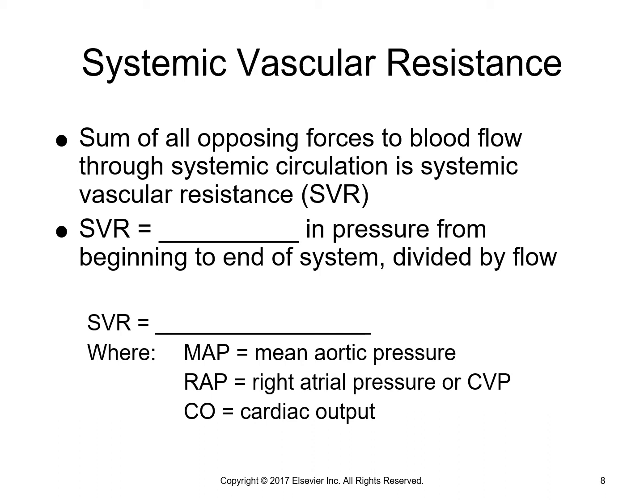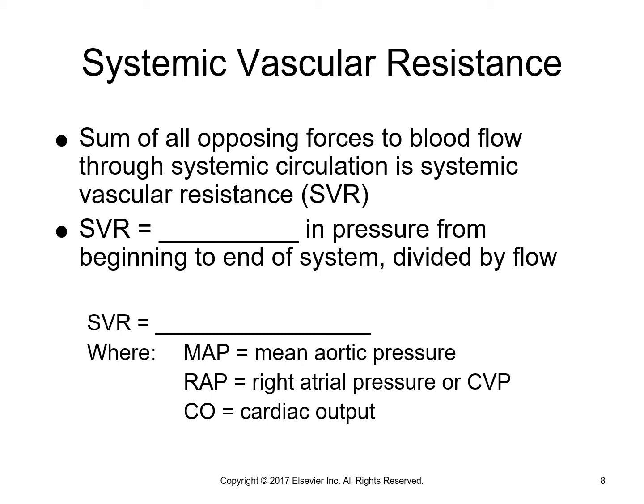The change in pressure and the flow that we're going to be talking about is the difference between your MAP, so your SVR is an equation again. It's your MAP, or your mean aortic pressure, minus your RAP, or your right atrial pressure.